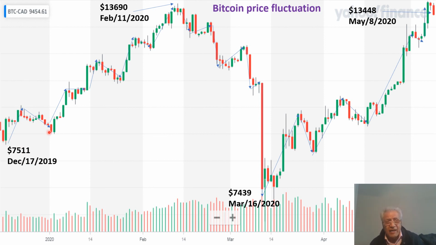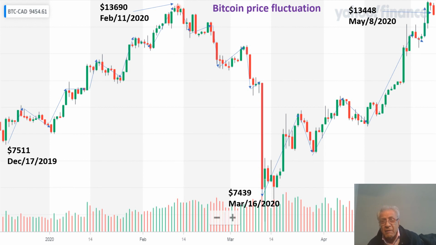Higher high, higher low, higher high, higher low, and so on, all the way there. And then from here, you make lower low, lower high, lower low, lower high, lower low, lower high, lower low.